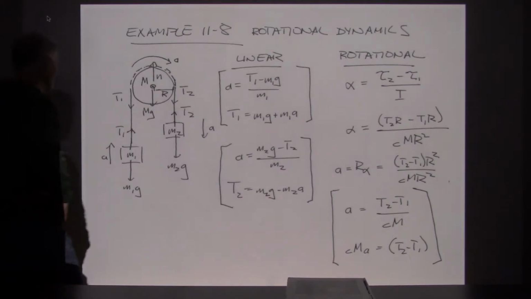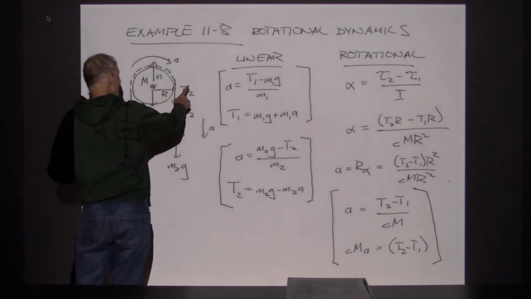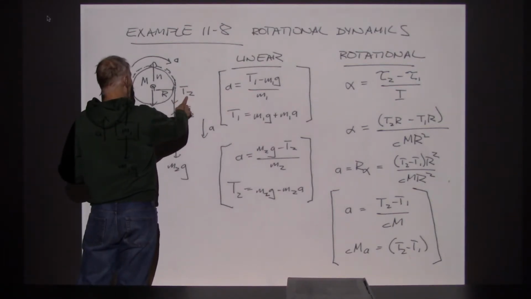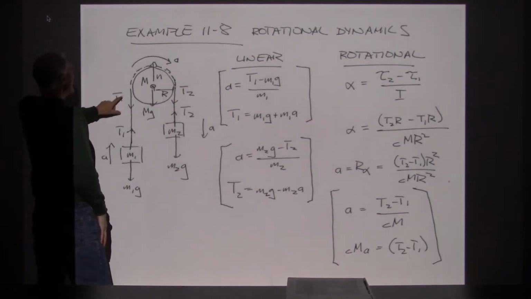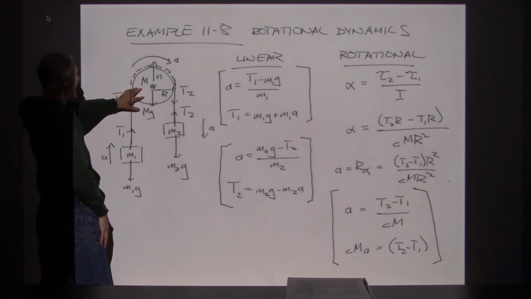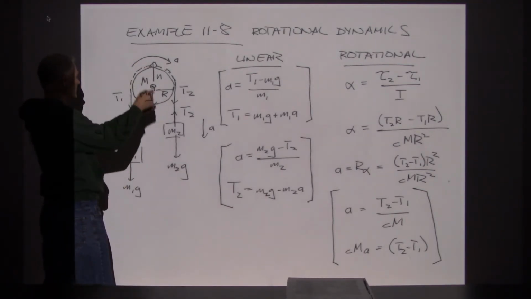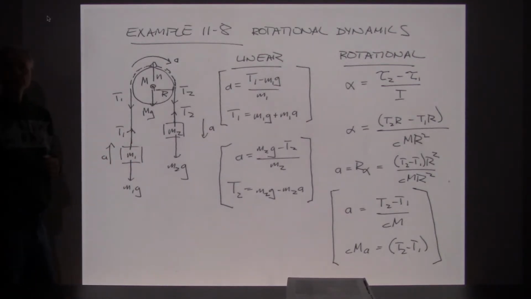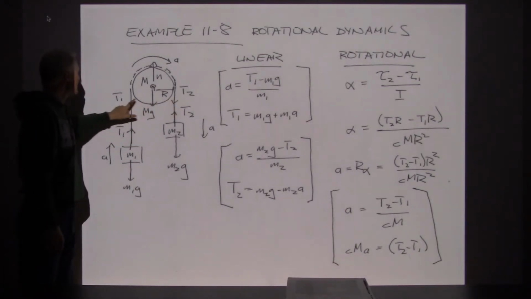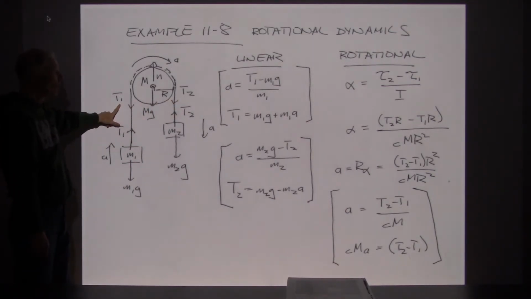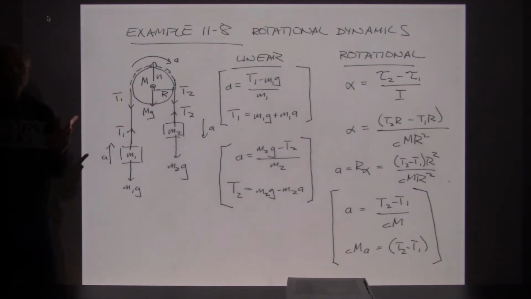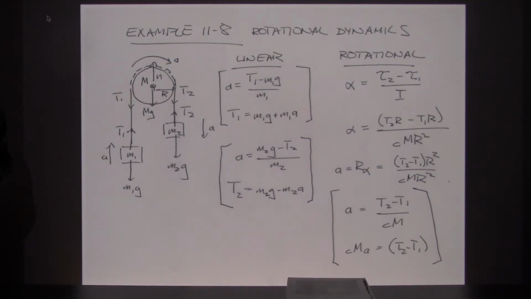Now, why is it that I actually need more tension on this side than on this side? That's because the pulley now has mass, and in order to get the pulley to accelerate, I need torque. And so T2 is going to need to be bigger than T1. I'm going to have two different tensions set up on the two different sides. That's what's going to happen in this case.